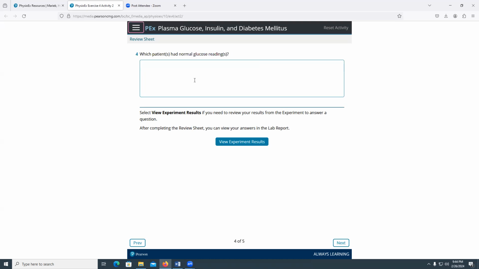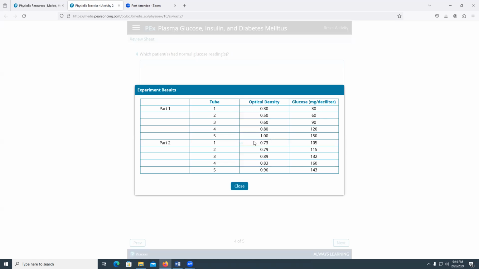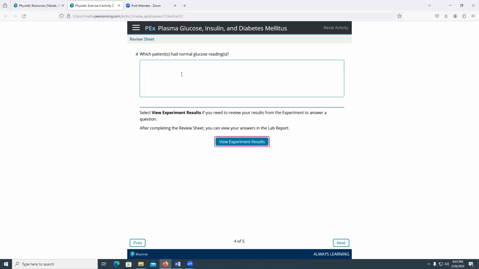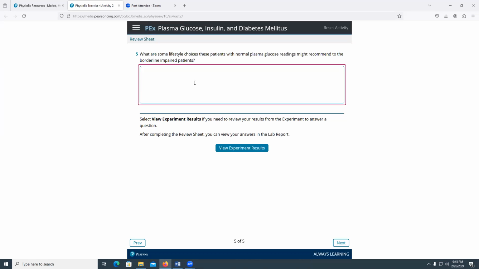Okay, which patient had normal glucose readings? Which patients had normal glucose reading? Yeah, 105 and 115 sounds about good. So patient number 1 and patient number 2. And what are some lifestyle choices these patients with normal plasma glucose readings might recommend to the borderline impaired patients?